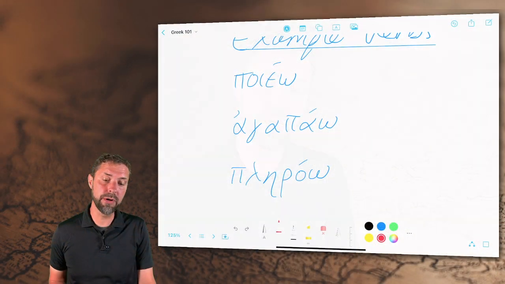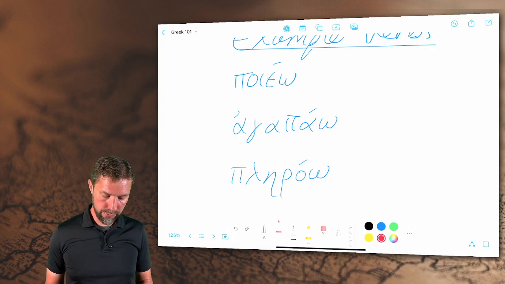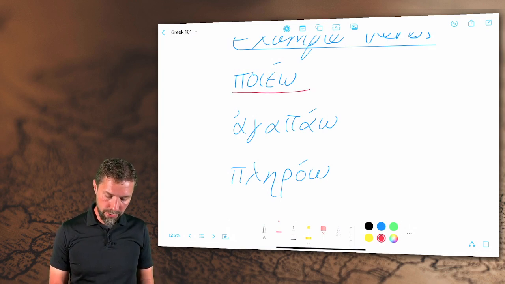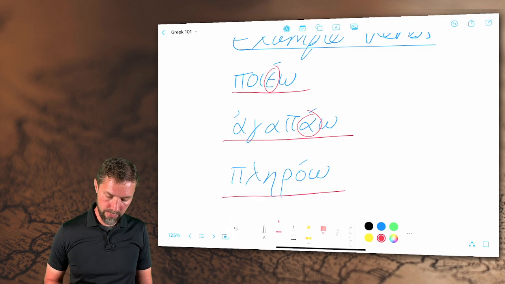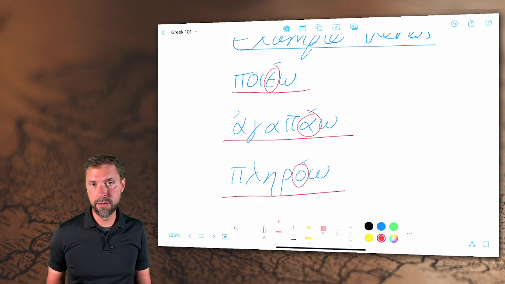Okay, so I'll give you three example verbs that would be very much key representative verbs for learning how to handle contract verbs. And those are these three. Poieo, so I've got an epsilon right here. Agapao, I've got an alpha right here. Plerao, I've got an omicron right here.